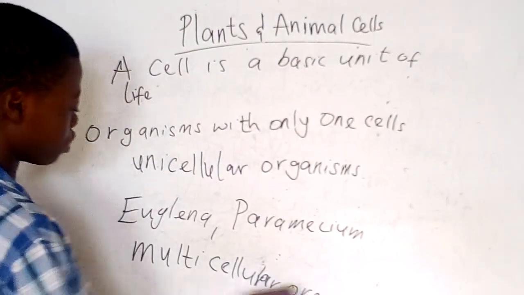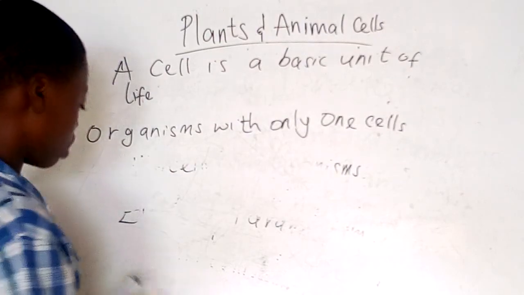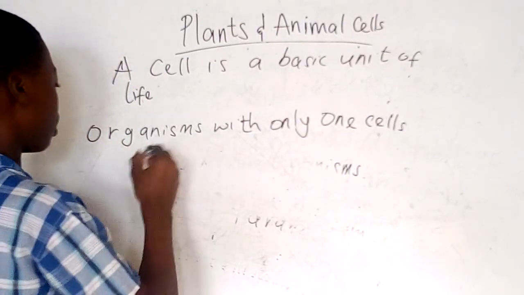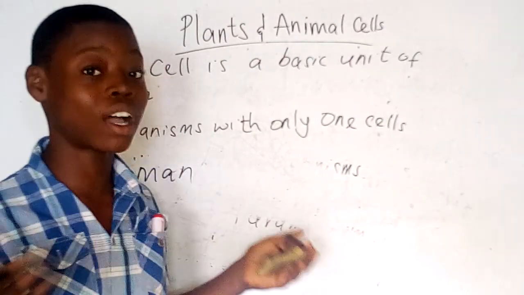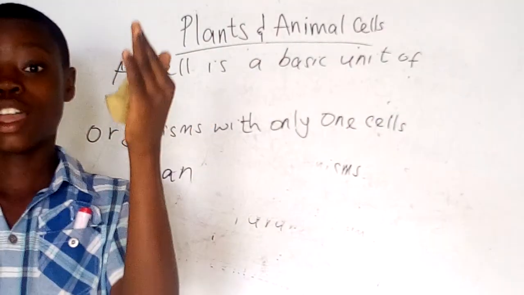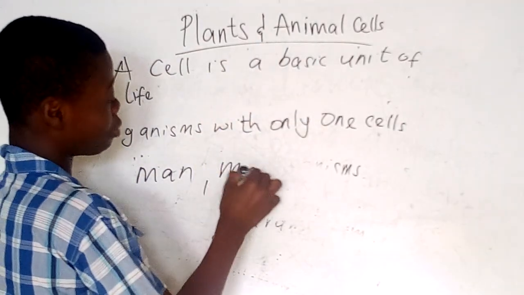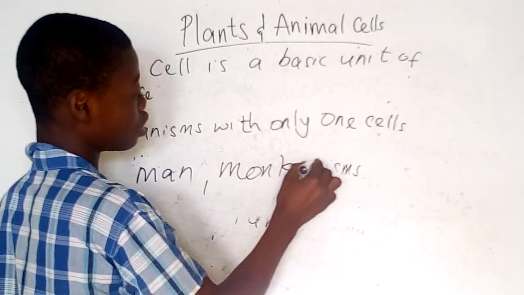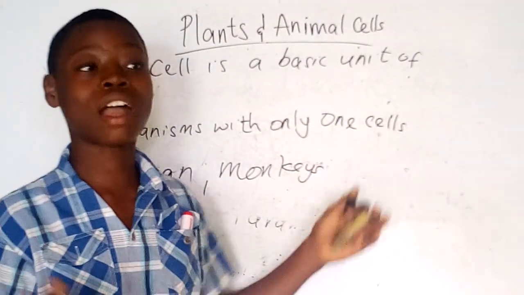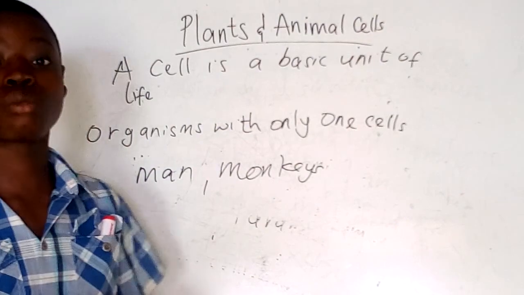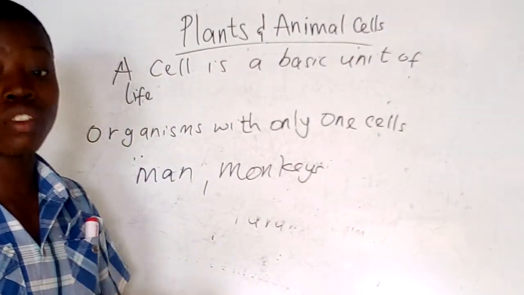Examples of the multicellular organisms are, we can get man, that's you, the one watching me, man, woman, boy, girl, you are termed as a multicellular organism. Monkeys, the monkeys that you have at home, in the park, reserves, they are also multicellular organisms, among others. You can name them, there are so many of them.